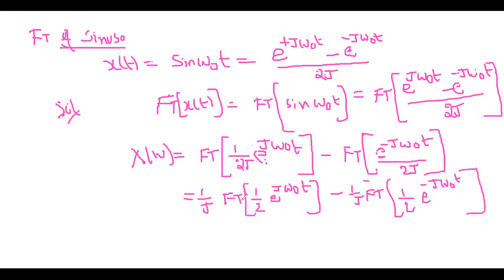See, for this Fourier transformation, 1 by 2 e power j omega naught t, we already know the Fourier transformation of 1. What is the Fourier transformation of 1? The constant Fourier transformation is 2 pi into delta omega.